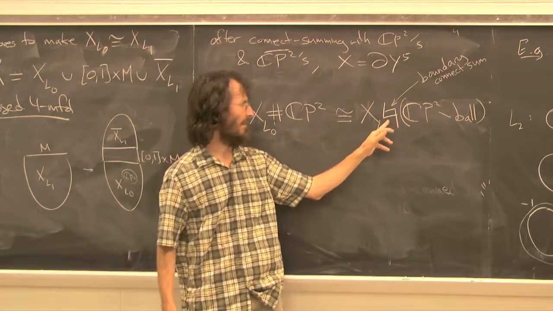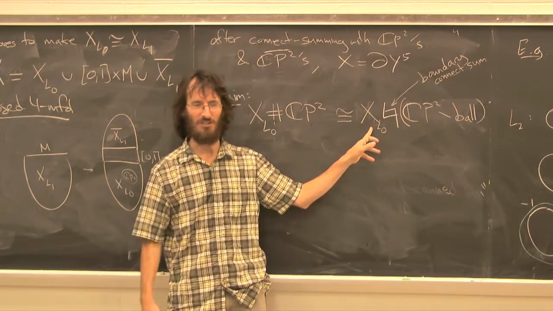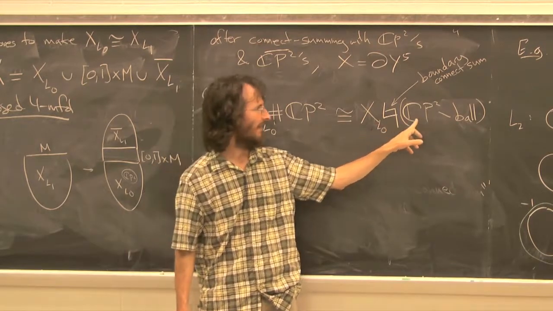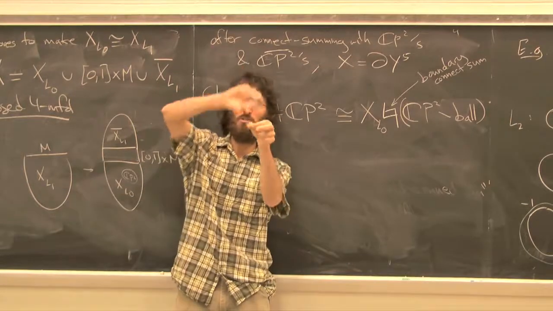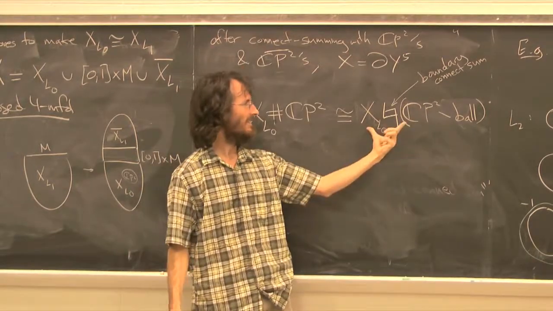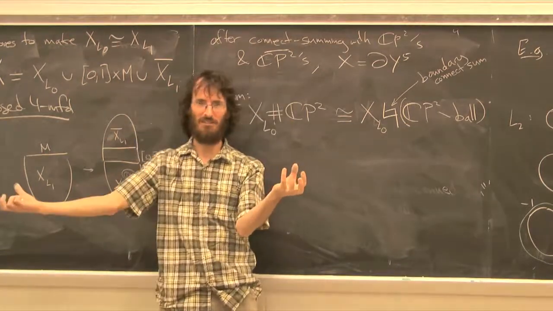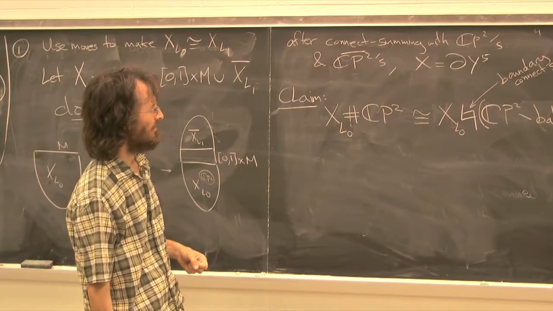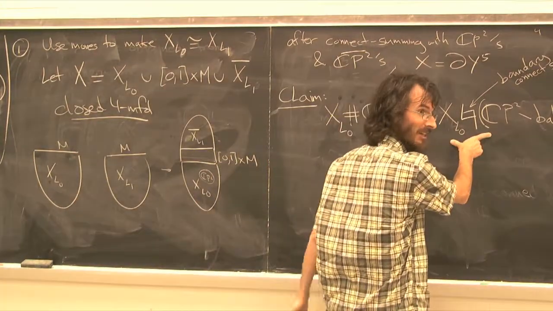This boundary connect sum operation says you look at the boundary, you take a 3-dimensional ball, you don't remove it, you just identify a 3-dimensional ball in the boundary of this, and a 3-dimensional ball in the boundary of this, and then you glue them together. Which is exactly the same thing as just saying attach a 1-handle that connects one to the other. That's all that is. In general, connected sum is not the same as boundary connected sum.